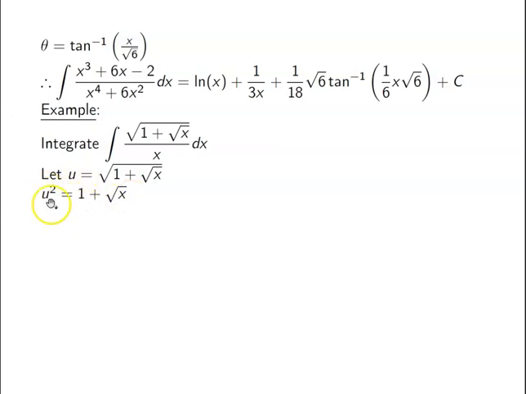So I'm going to go ahead and play with the substitution a little bit. I'm going to square both sides to make it a little bit easier to deal with. And then from here, I'm going to go ahead and isolate the square root of x, because that's really what's giving me the problems in here, right? So for the square root of x, I have u squared minus 1. So notice what happens if I were to plug this in right now.